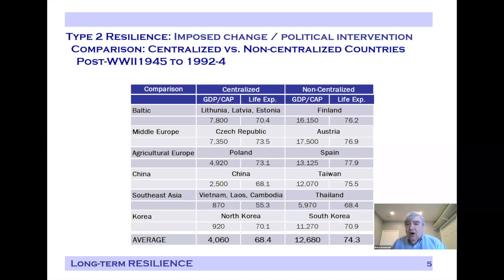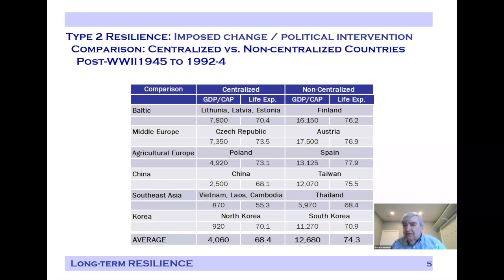So before World War II, Finland was the poorest of the Baltic countries. Lithuania, Latvia, and Estonia were richer. By 1992 to 1994, per capita GDP in Finland is more than twice what it is in the other areas, and life expectancy is basically 6 years longer.